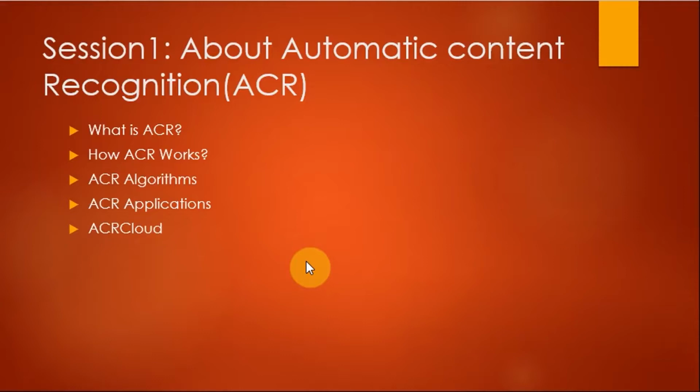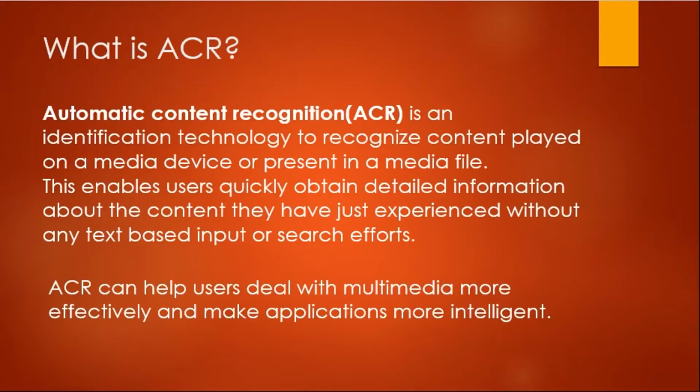So first of all, we're going to start with what is an ACR. As I wrote it here, automatic content recognition, ACR, is an identification technology to recognize content played on a media device or present in a media file. The ACR technology enables users to quickly obtain detailed information about the content they have just experienced without any text input or search efforts.